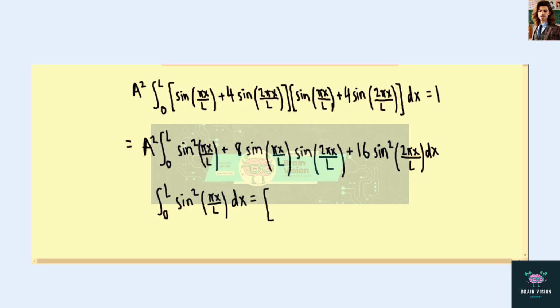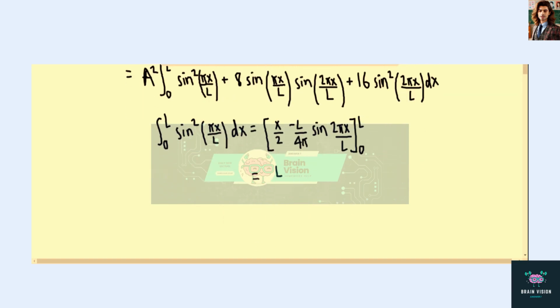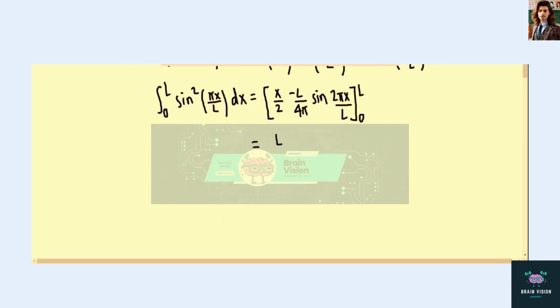So the first integral is sine squared of pi x over L. This integral is given here. So the signs will actually vanish since we have sine 2 pi and sine 0, and those are 0.